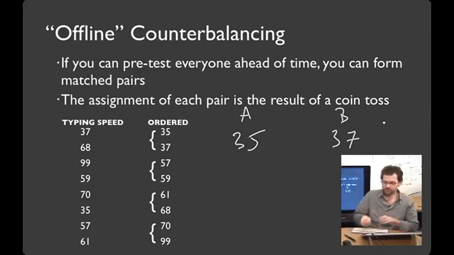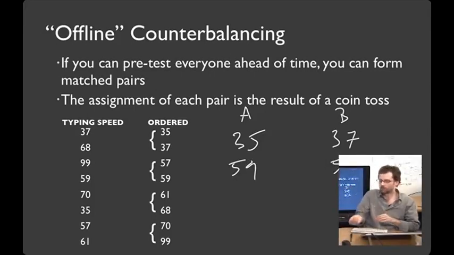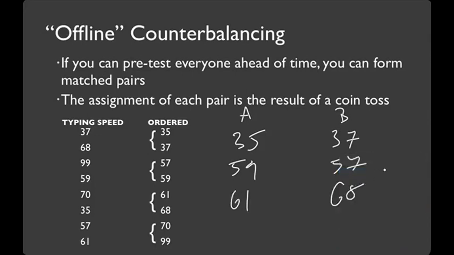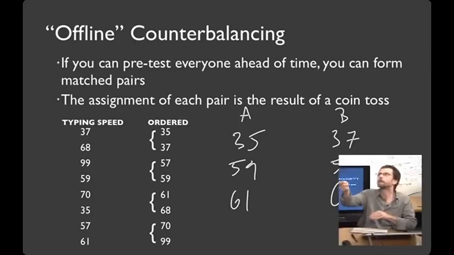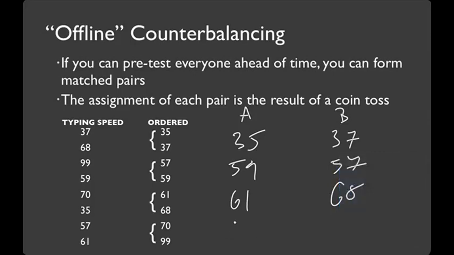Then for 57 versus 59, it's tails, so 59 goes here. Third one's heads, so that gives us 61, 68. And tails. And that gives us 99 goes here, and 70 goes here.